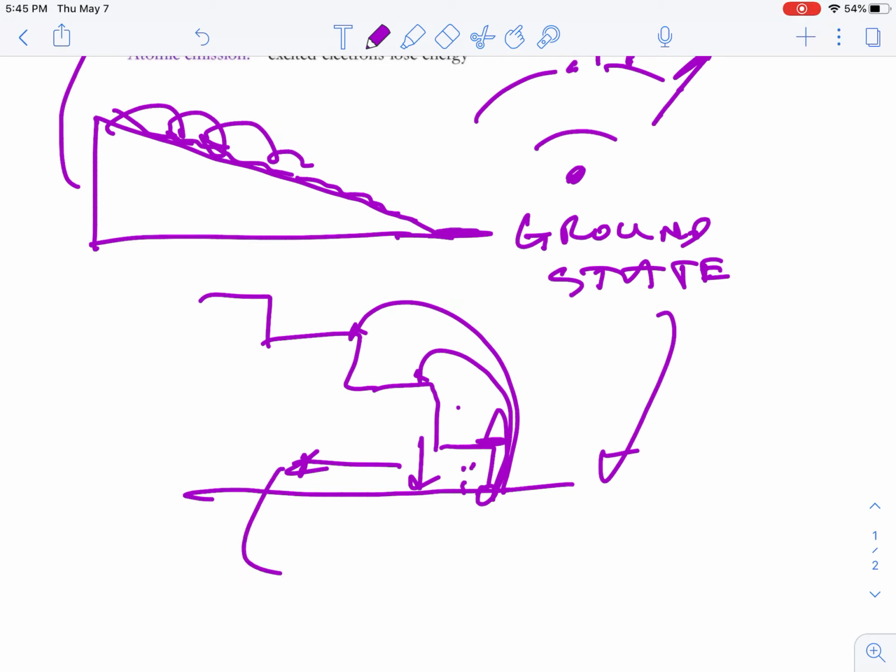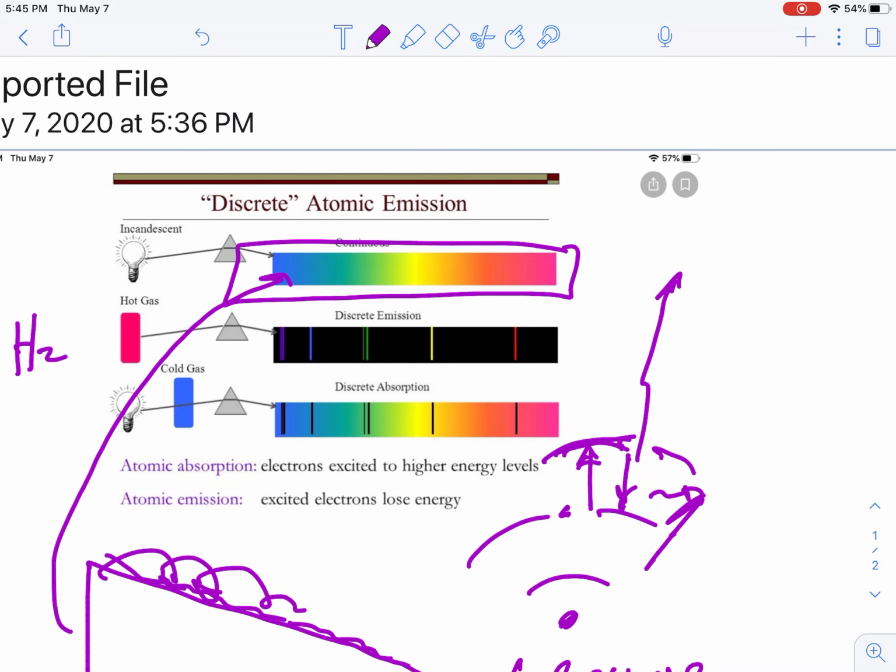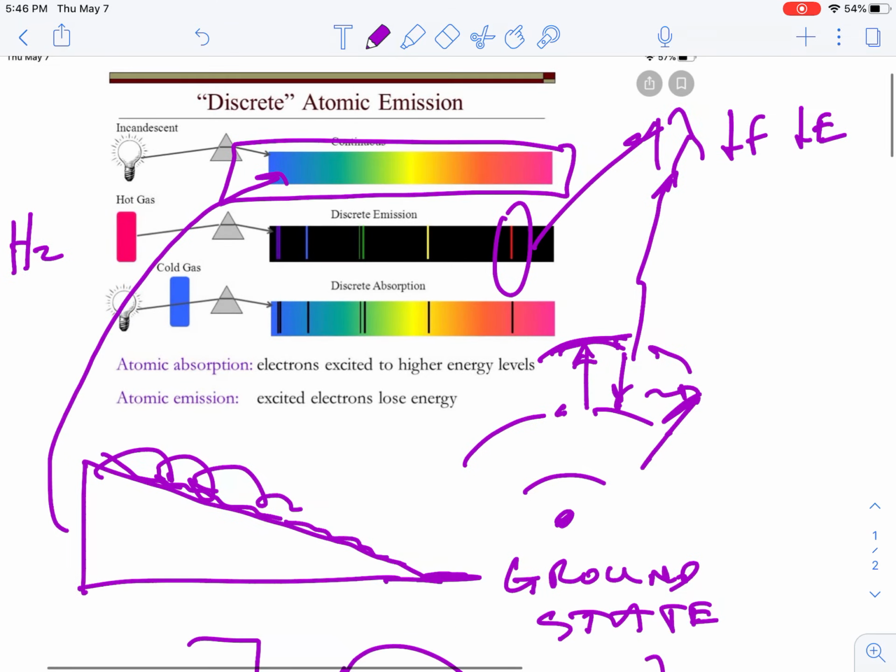Now, this is where you can analyze the light and you go, oh, okay, E equals hf, or E equals hc over lambda. So if you can look at this light and go, okay, wow, here is a band of red light. Well, red light has a relatively long wavelength and a relatively low frequency, so it has a low energy.